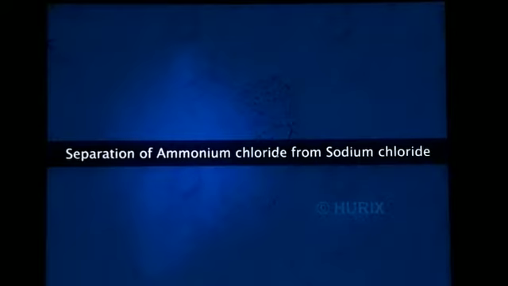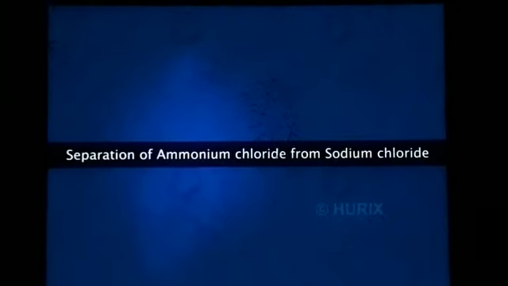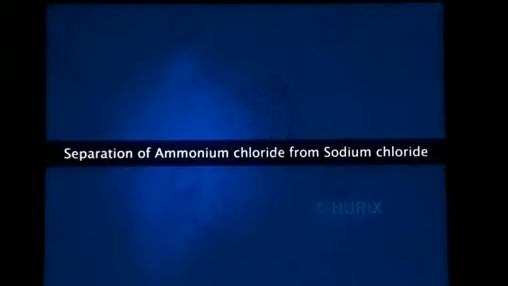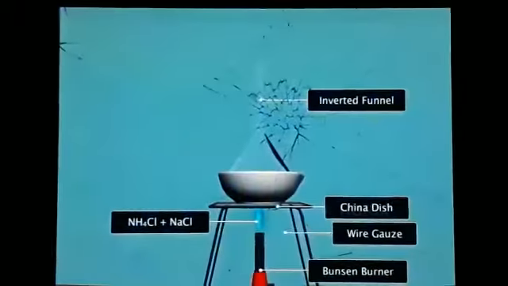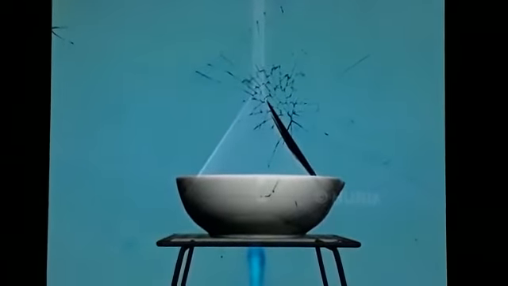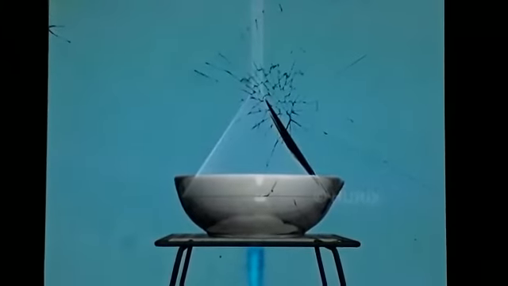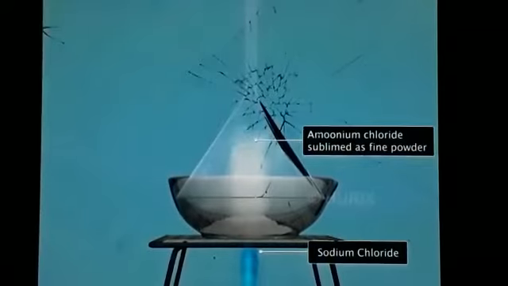Let's watch a demonstration of the separation of ammonium chloride from sodium chloride by the sublimation process. The salt mixture is heated on a porcelain pot by keeping a clean, dry funnel inverted. Ammonium chloride sublimes into vapor.